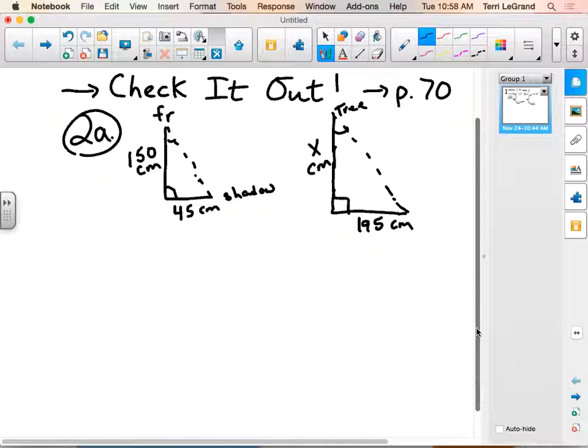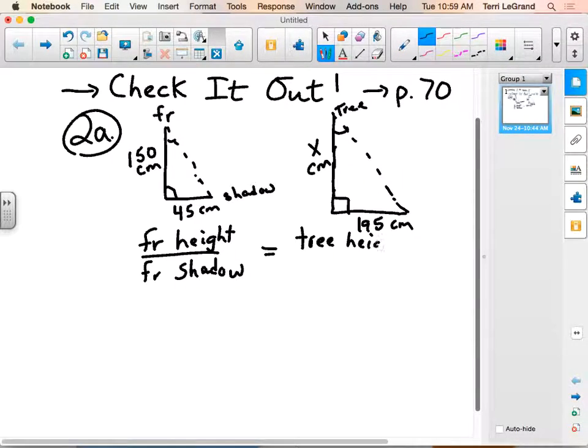Okay, so we're going to do the forest ranger height over the forest ranger shadow can be set equal to what? If we start this way, what do we have to do in the other one? Height on top of shadow. So tree height over tree shadow.